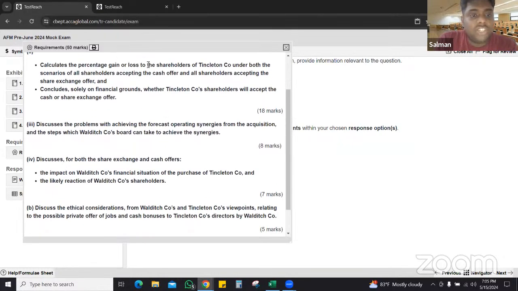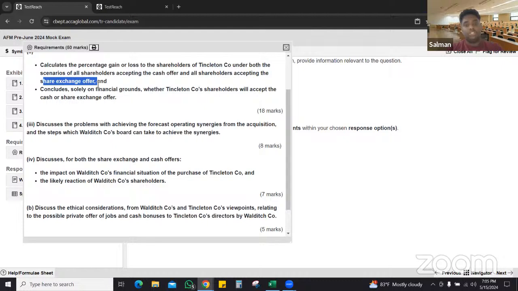Calculate the percentage gain or loss to shareholders of Tinselton company under both the scenarios of all shareholders accepting the cash offer and shareholders accepting the share exchange. We had discussed this previously in the classroom. When we acquire, we'll either have to pay cash for the shares, or else for the subsidiary shareholders, we take their shares and give our group shares.